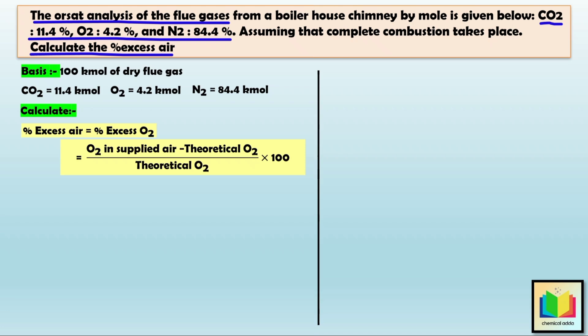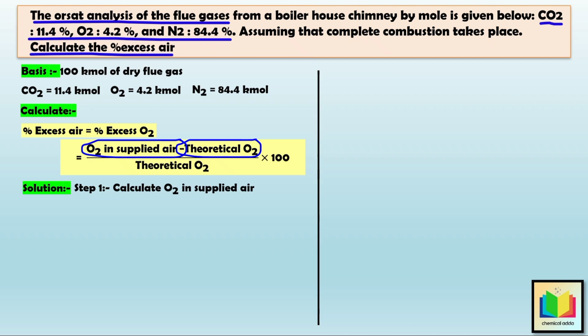So to calculate the percentage excess air, first we need to calculate O2 in the supplied air, and then theoretical oxygen. Therefore, now first let's calculate O2 in supplied air. So as we have given that N2 in flue gas is equal to 84.4 kmol. But as we know, fuel generally contains almost no nitrogen, and nitrogen does not react during combustion.